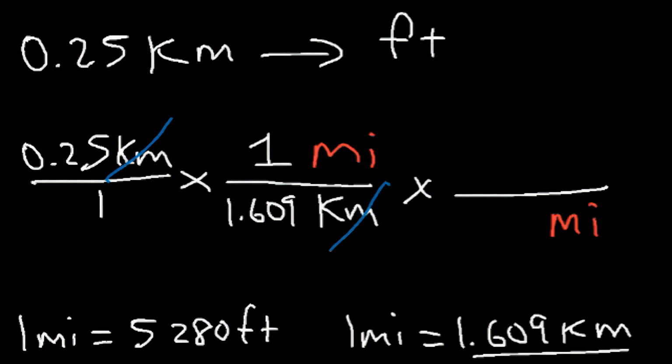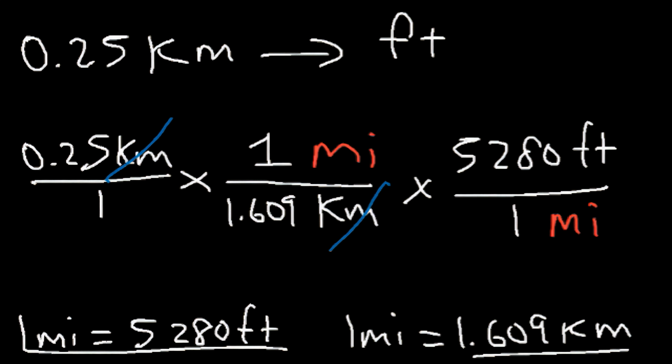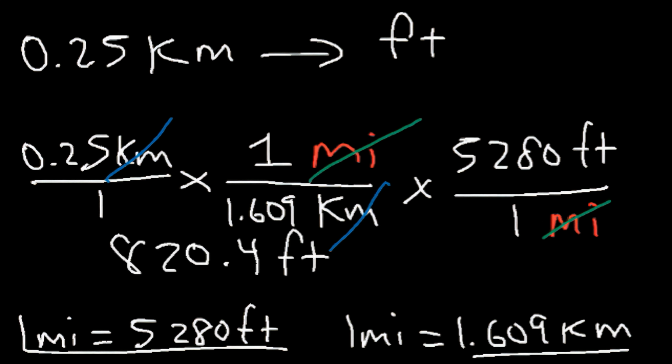So we've got to put the unit miles on the bottom. 1 mile is equal to 5,280 feet. And so the unit miles cancel. And this is going to give us the answer in feet. So it's 0.25 divided by 1.609 times 5280. And you should get 820.4 feet.